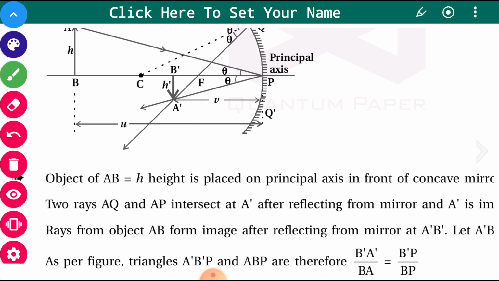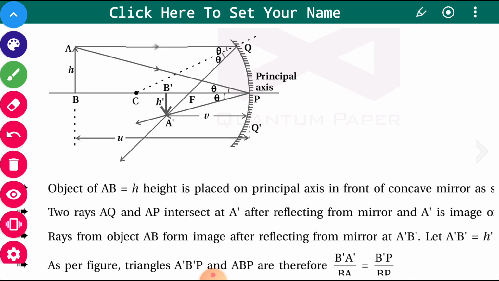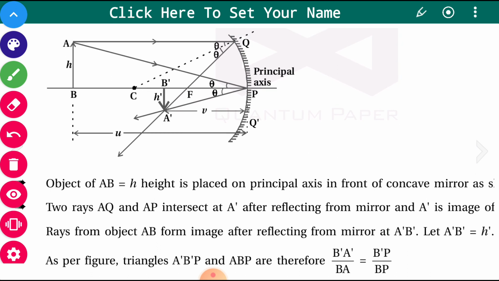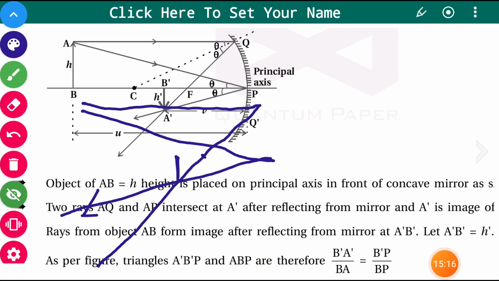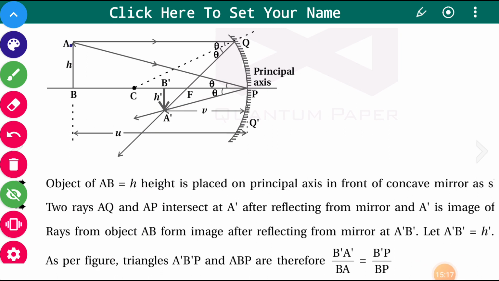Just look into the figure. These two triangles are similar triangles.